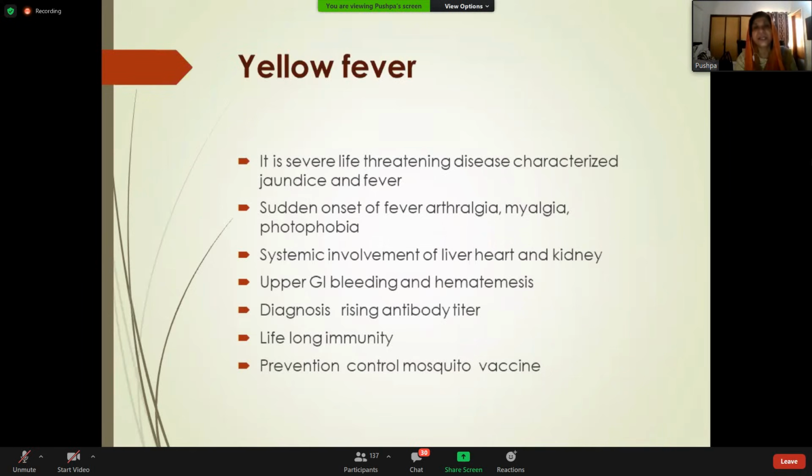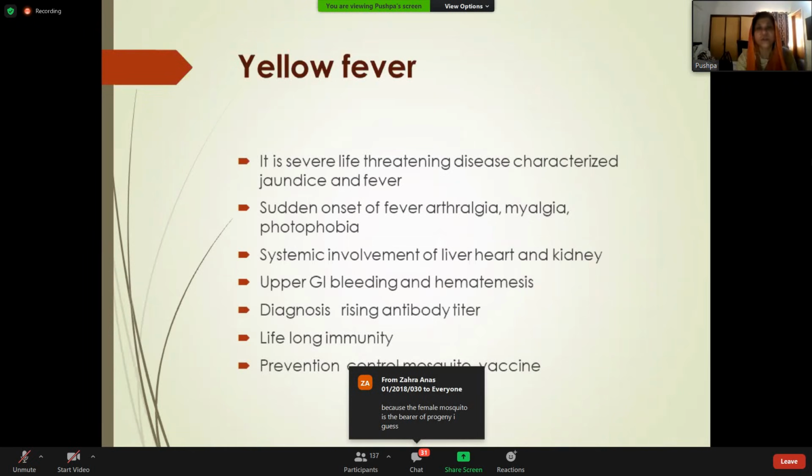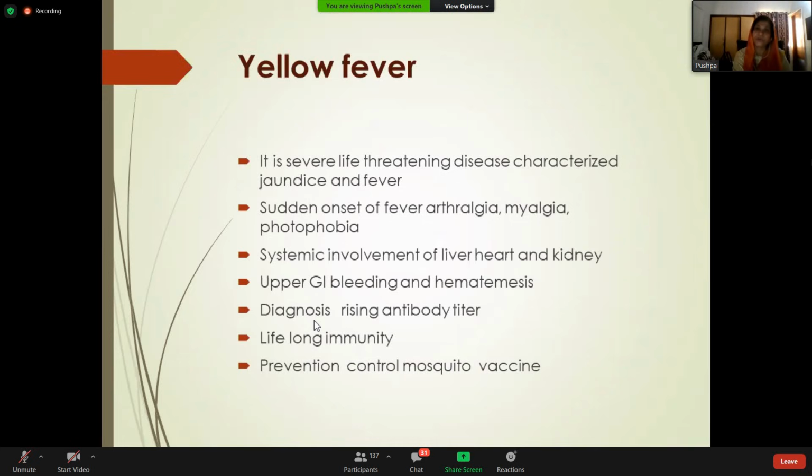There is systemic involvement of liver, heart, and kidney, upper GI bleeding, and hematemesis. Hematemesis is blood in vomiting. And we diagnose it through rising antibody titer. Once the patient is infected with yellow fever and recovers from that disease, then there is lifelong immunity.